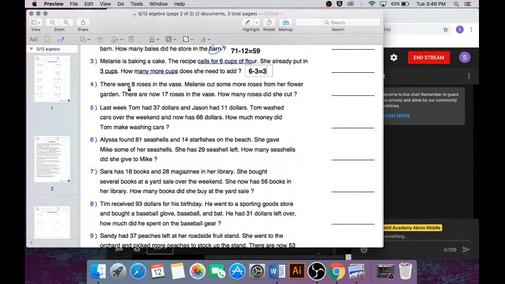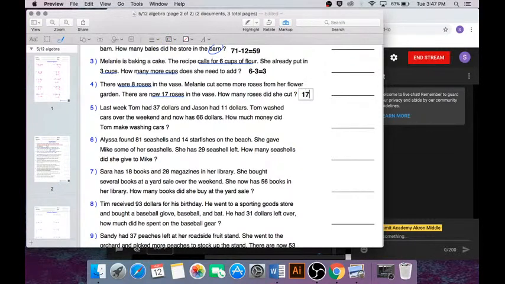Number 4, there were 8 roses in the vase. Melanie cut some more roses for her flower garden. Now there are 17 roses in the vase. How many did she cut? So there were 8. Now there's 17. So it grew by what? So 8 plus what is 17?